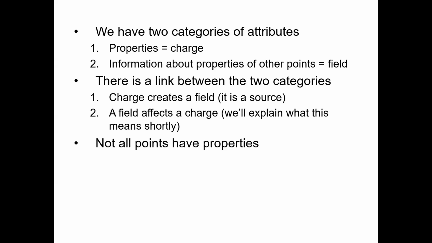So what we're saying over here is that every point in reality will have some values that are not zero in the field places of its ordered list of numbers, but most points will have zero values in its property places of its ordered list of numbers. So in our example, let's say the first three places are connected to properties. Most points will have the value 0 in these three places.